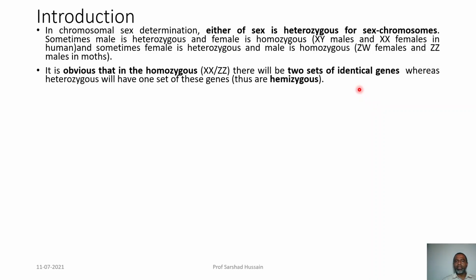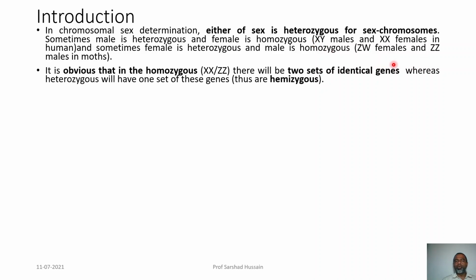So, it means the individual is having two sets of identical genes present on the sex chromosome, whether the condition is XX or ZZ. Whereas, when the male is heterozygous, it means if you look at the set of genes present on the X chromosome, they are double in female and half in male.